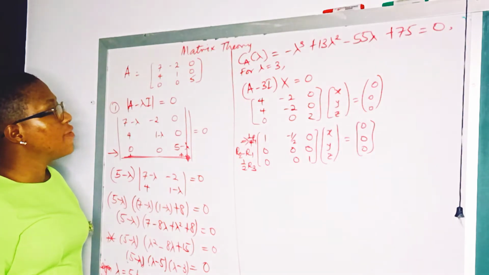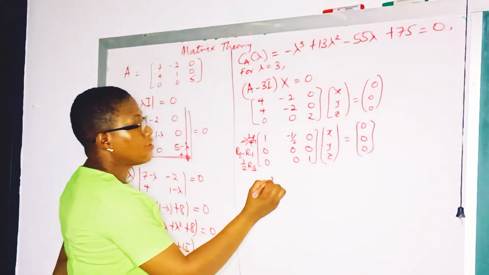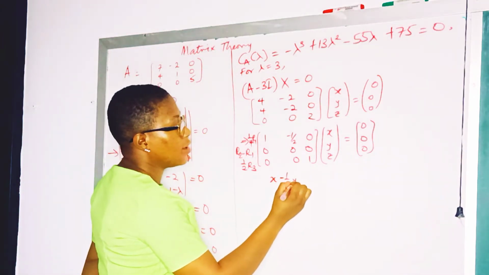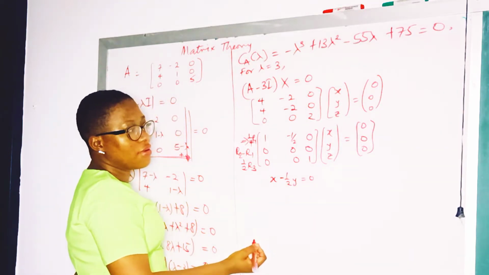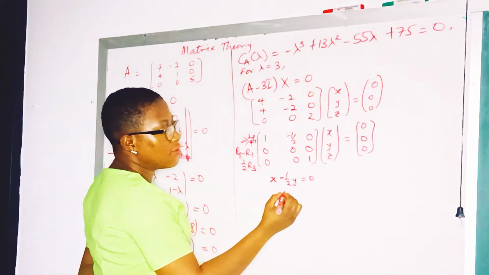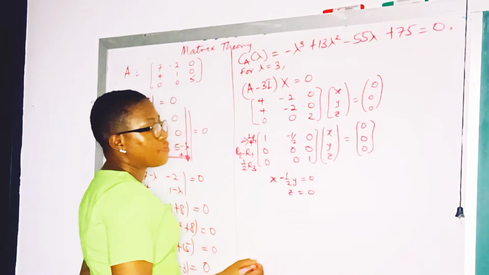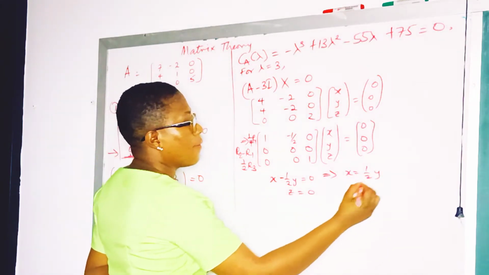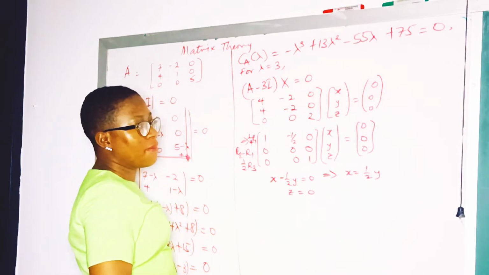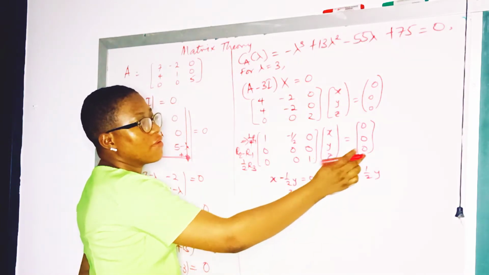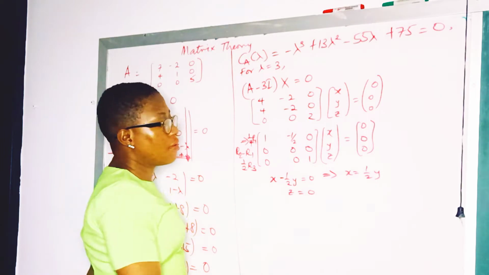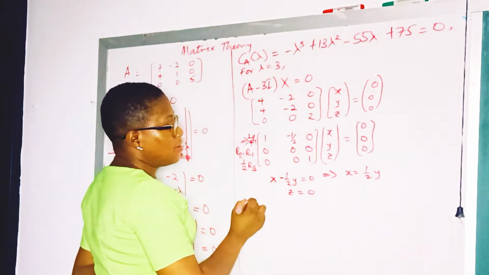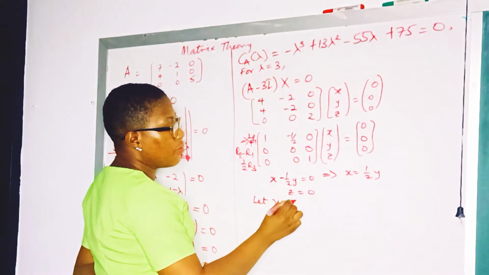So we have that x minus half y is equal to 0, and we have that z is equal to 0. This implies that x is equal to half y. We can let y be some beta.